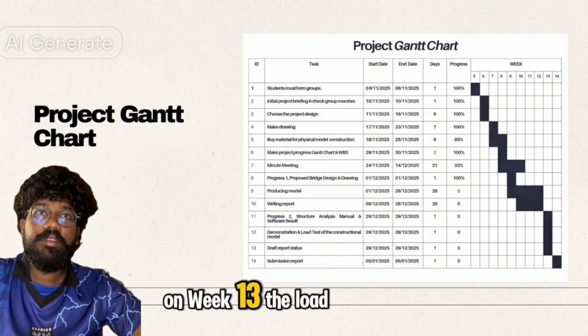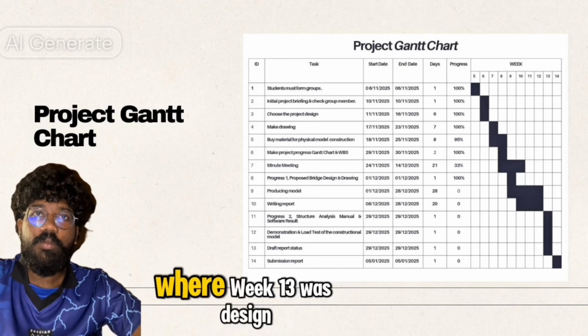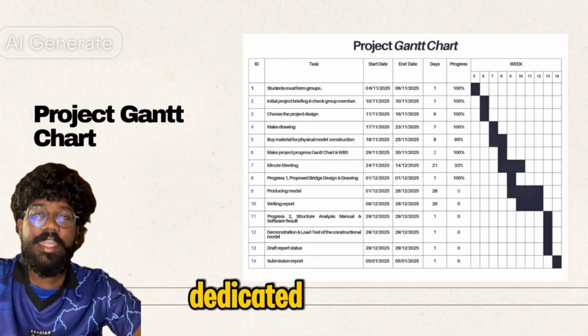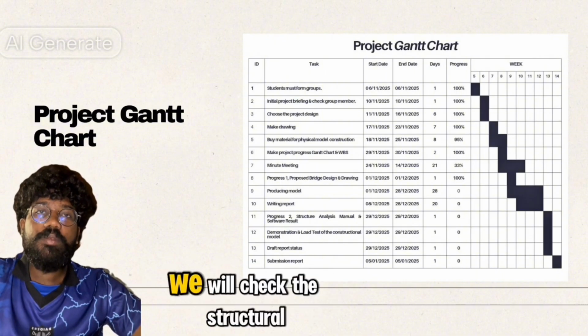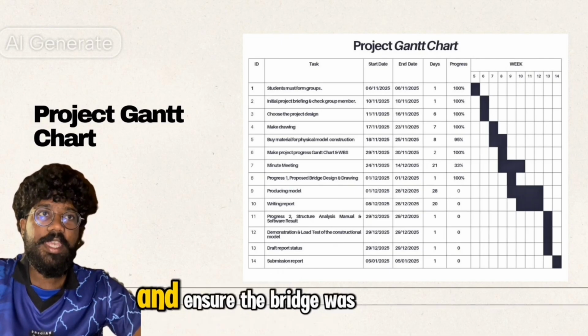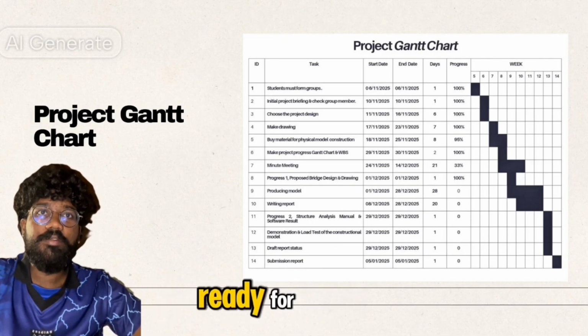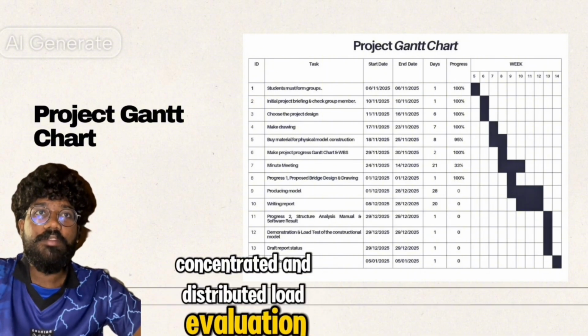On week 13, the load test preparation will be conducted, where week 13 is dedicated to preparing the bridge model for load testing. We will check the structural alignment, apply small reinforcements, and ensure the bridge is ready for concentrated and distributed load evaluation.